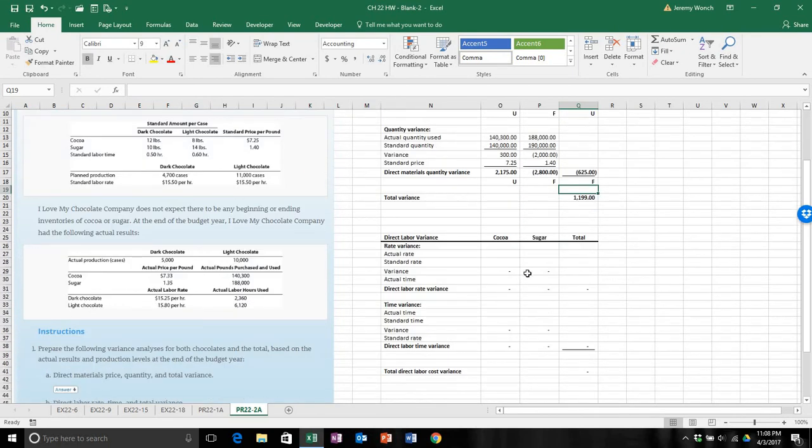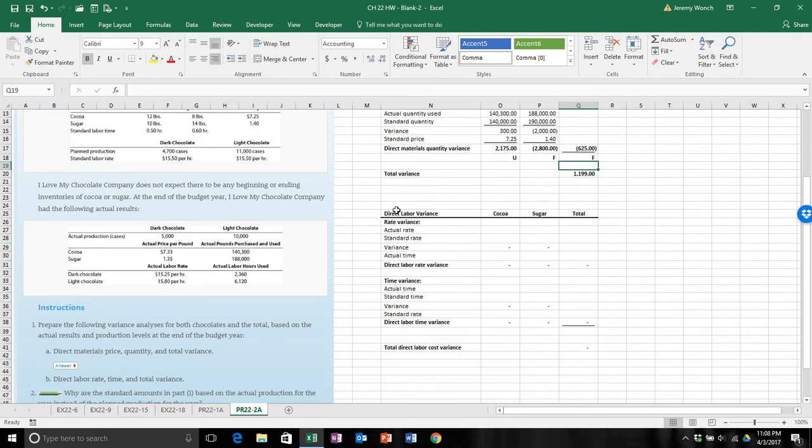All right, for direct labor, we have a rate variance for what we paid, and we have a time variance for the number of hours that we put in.